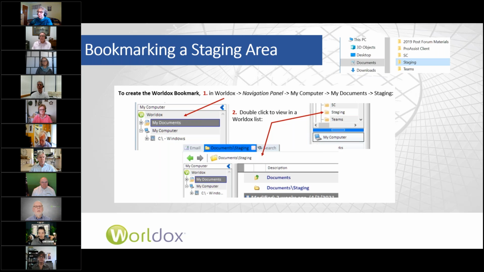And then what you see here in this image is to create a Worldox bookmark to that new Windows folder you've created. Navigate to the folder in the navigation panel there on the left of the Worldox desktop. And then we're going to bookmark to that staging folder. Okay, so go ahead, next panel, Rebecca.